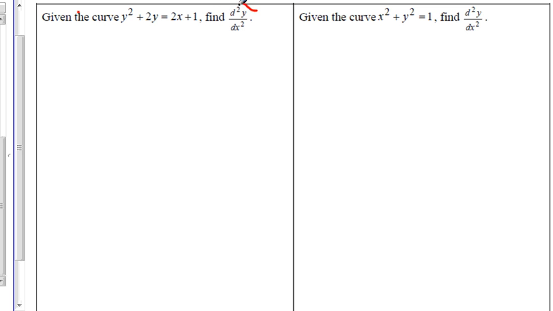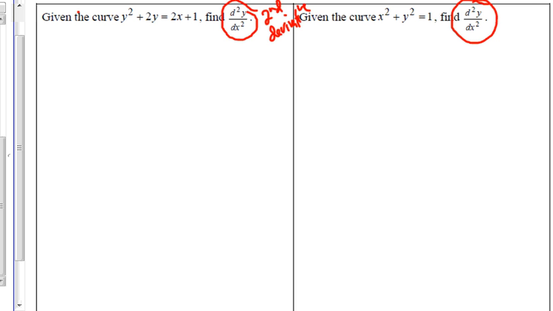Okay, the last two problems, you'll notice they have this d squared y over dx squared. This is actually talking about the second derivative. So what we have to do first is find the first derivative.